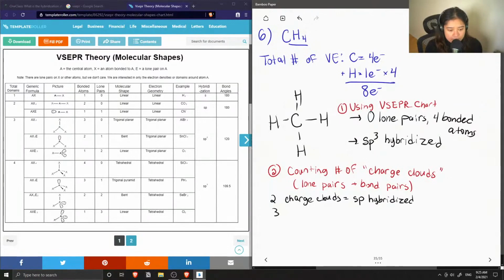When we have 3 charge clouds, we have sp2 hybridization. And when we have 4 charge clouds, like in our example, then it's sp3. And 5 charge clouds, sp3d.